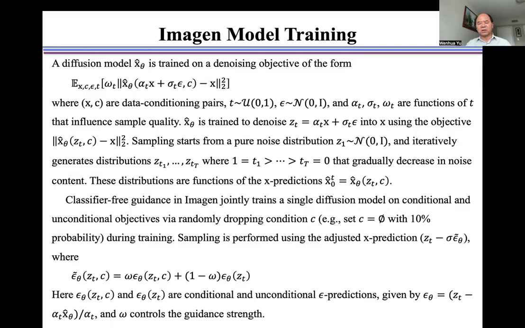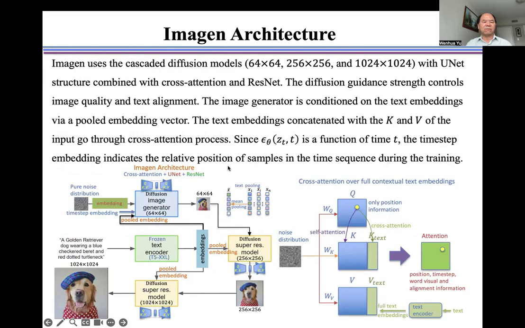Sampling is performed using the adjusted x predictions here, where epsilon theta z t, c and epsilon theta z t are conditional and unconditional epsilon predictions given by epsilon theta, and omega controls the guidance strength.